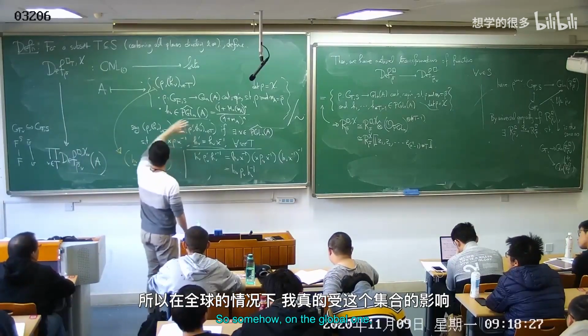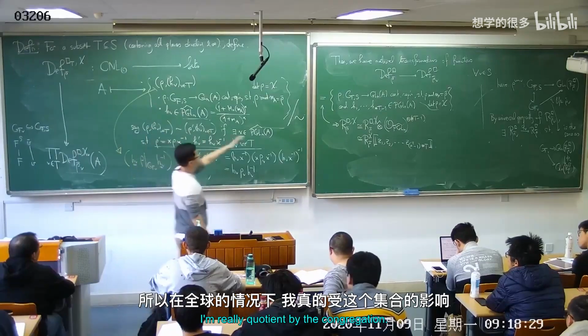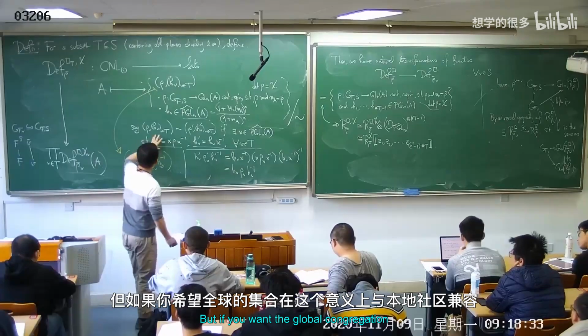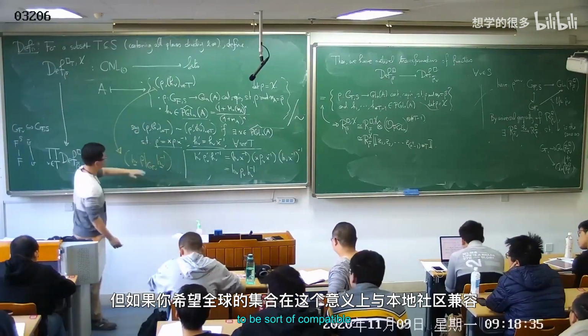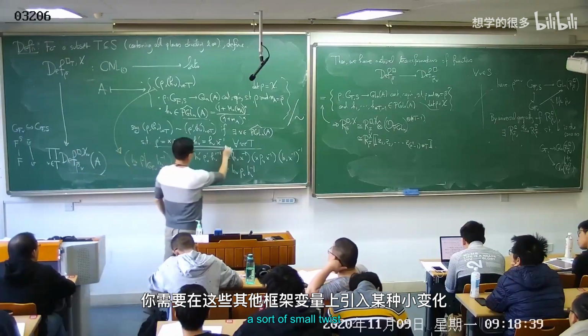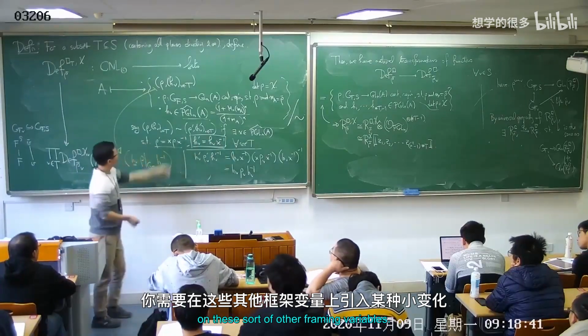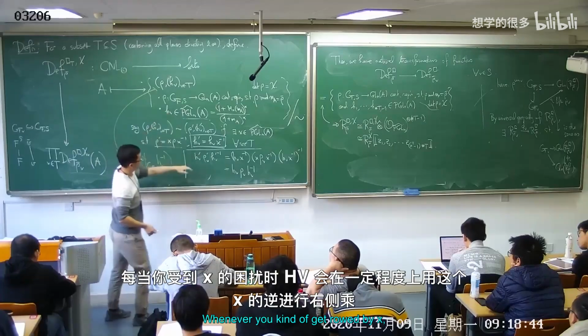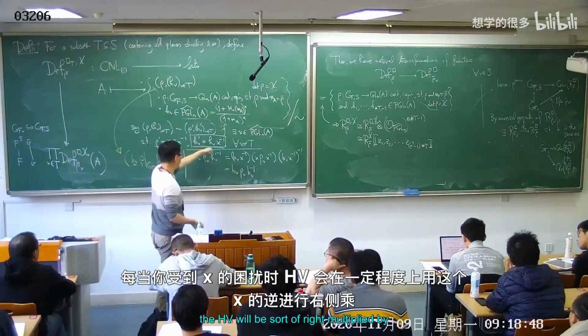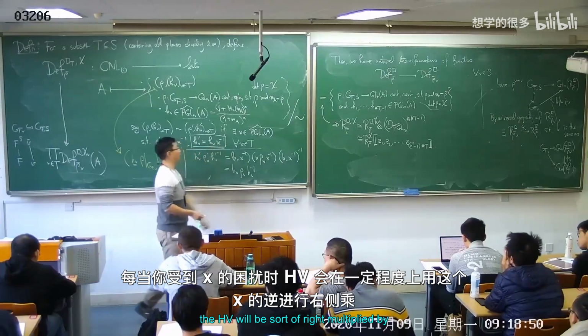So somehow on the global one, I'm really quotienting by the conjugation. The conjugation is essentially on rho. But if you want the global conjugation to be compatible with the local one in that sense, you have to introduce this small twist on these other framing variables. Whenever you change rho by X, the H_V will be right multiplied with this X inverse.